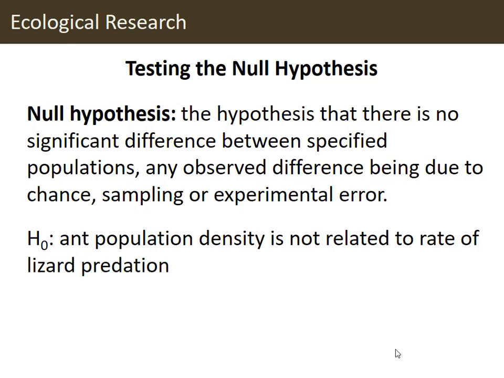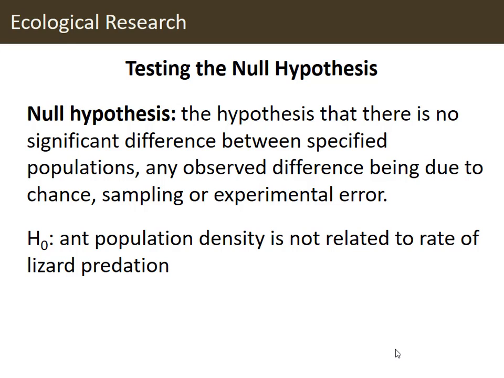So if we went out in our observational study and we wanted to look for a relationship between ant population density and lizard population density, and we measured them, our null hypothesis would be that ant population density is not related to rate of lizard predation. Regardless of how many lizards we have, ant population is going to be the same.